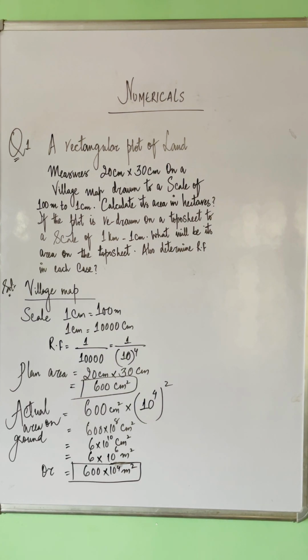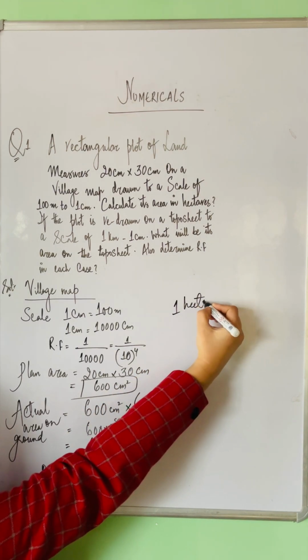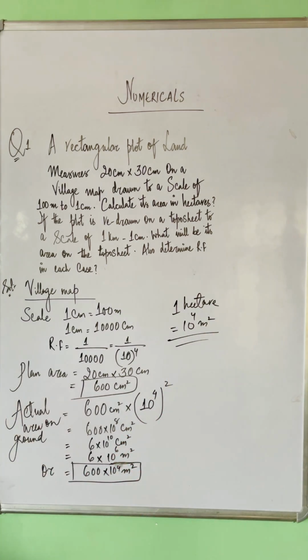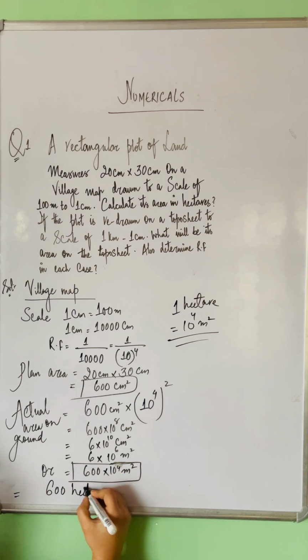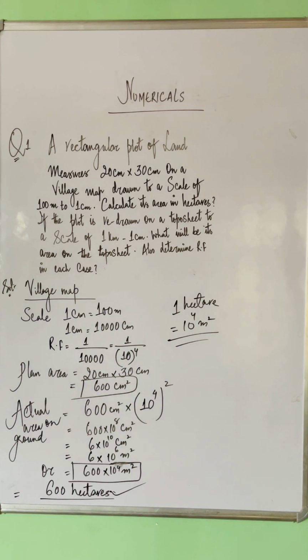It is 600 into 10 raised power 4 meters square. But the question demands its answer in hectares. And as you know, 1 hectare is equivalent to 10 raised power 4 meters square. Already discussed in the theory part of the lectures. So area will come equivalent to 600 hectares. Right? So we have reported the actual area on the ground and that too in hectares. So the area on the ground is 600 hectares.